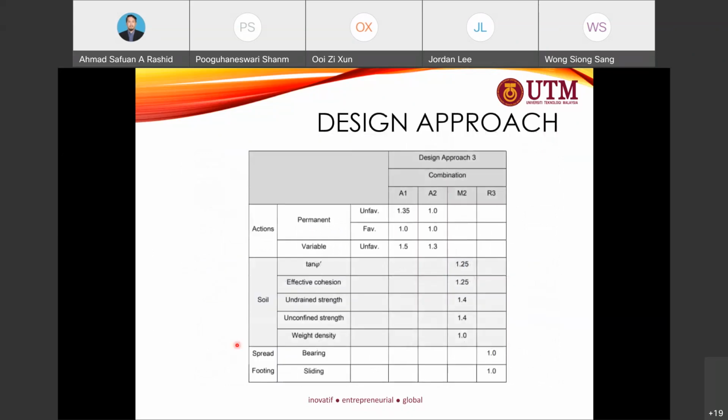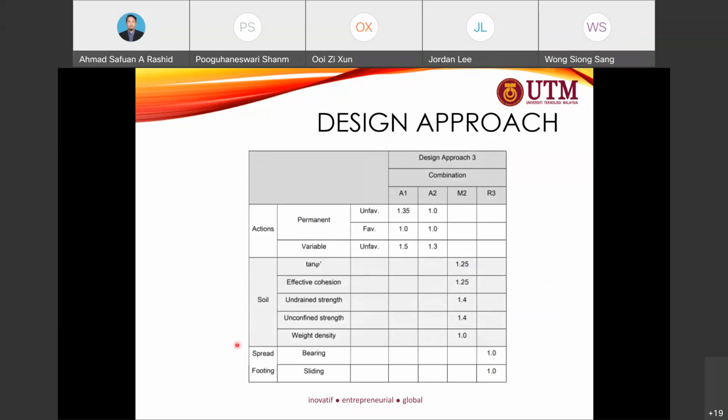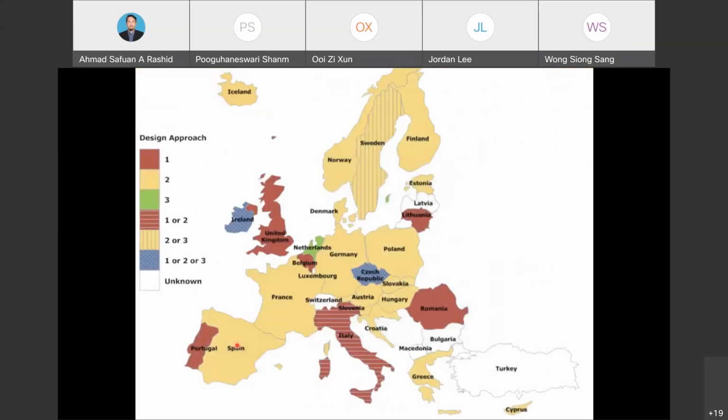So this is design approach 3. But we only discuss design approach 1 for the Malaysian case. Why? Because we follow the United Kingdom, and the UK only uses design approach 1.